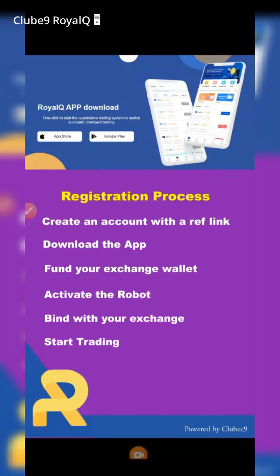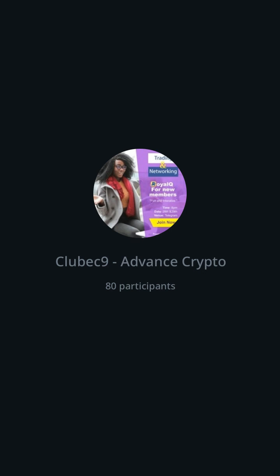So what is the registration process for ROYALQ? Create an account with a referral link. On ROYALQ, you cannot register without a referral link. That is how the bot is designed. You must get a referral link from somebody, either a friend, family, prospect, anybody that's going to give you one. Even some YouTubers and Instagram influencers are now using ROYALQ.